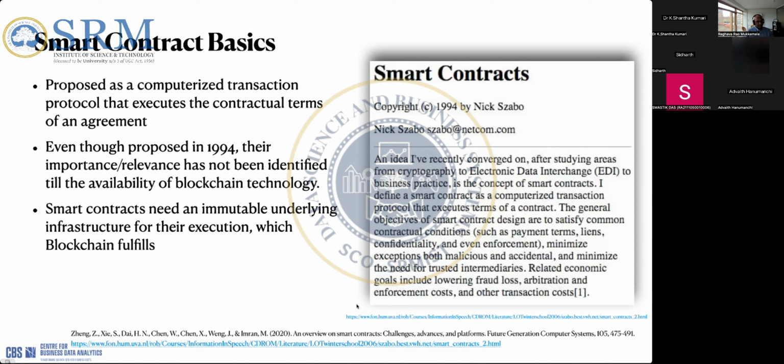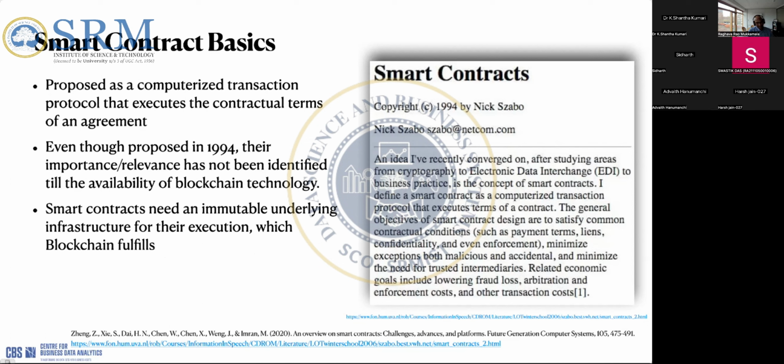Even though it was proposed in 1994, it didn't come to the limelight till we had blockchain technology. The reason is smart contracts needed some kind of immutable underlying infrastructure, which the blockchain fulfills.